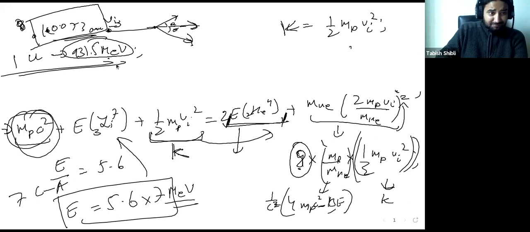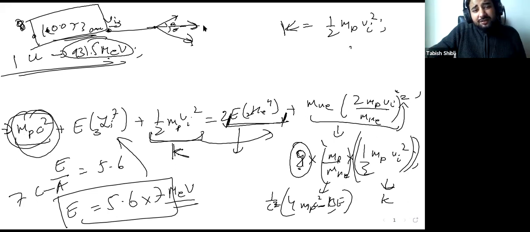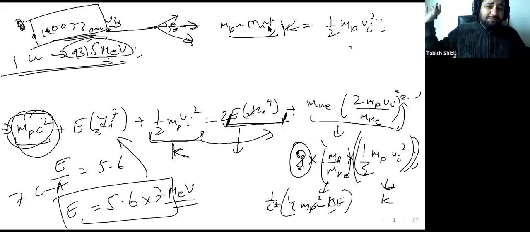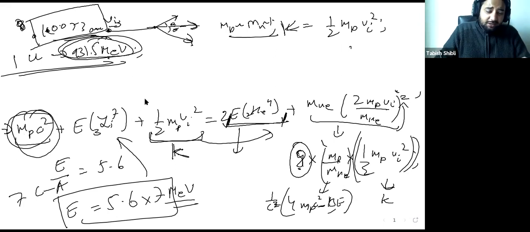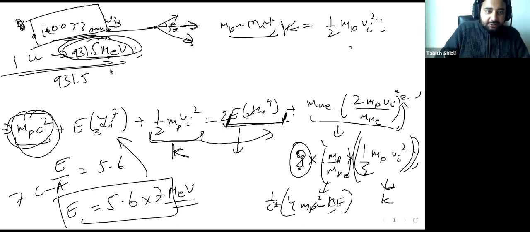MPC squared. MP, you're already given, let's not even consider the 0073, because you're given that MP is approximately equal to MN, we'll just say both are equal to one atomic mass unit. And one atomic mass unit we already know is just 931.5 mega electron volts, right? So we'll write this whole thing as 931.5 mega electron volts. So everything will be in mega electron volts.